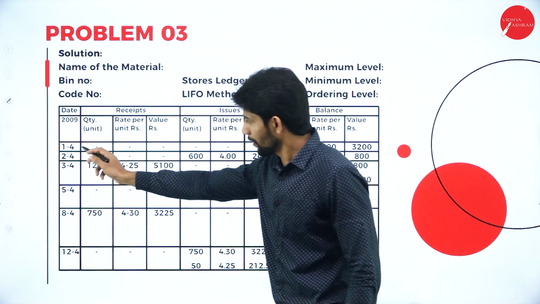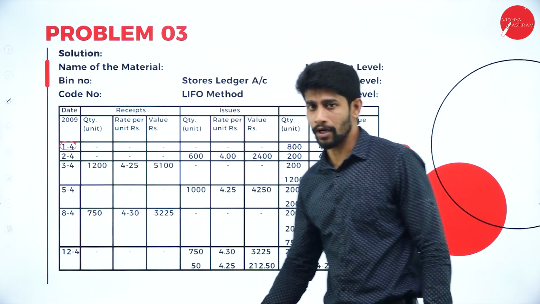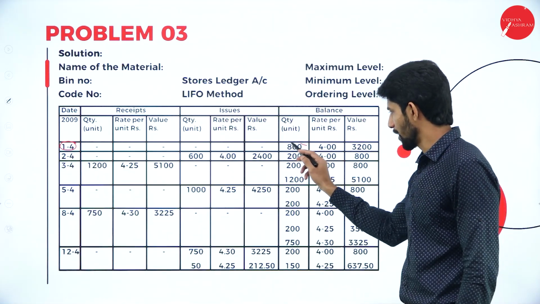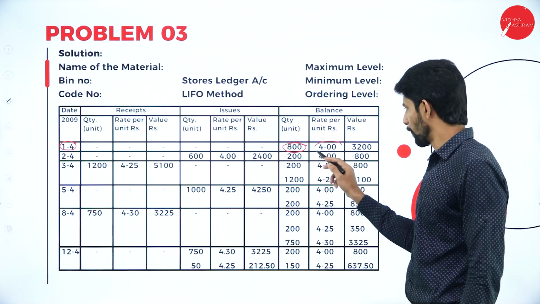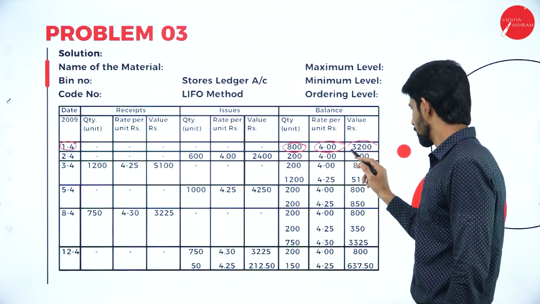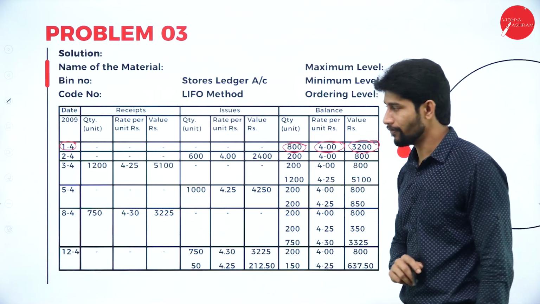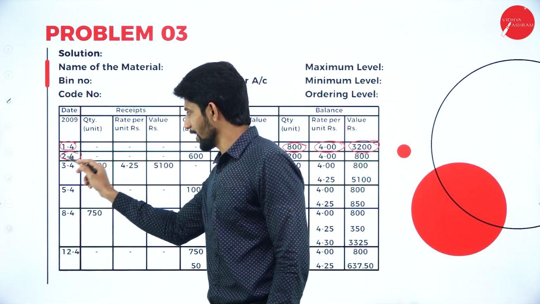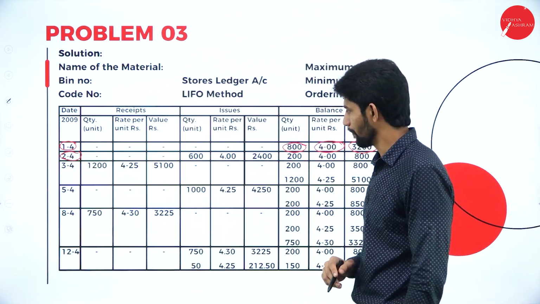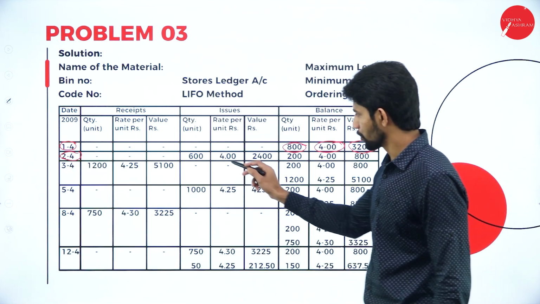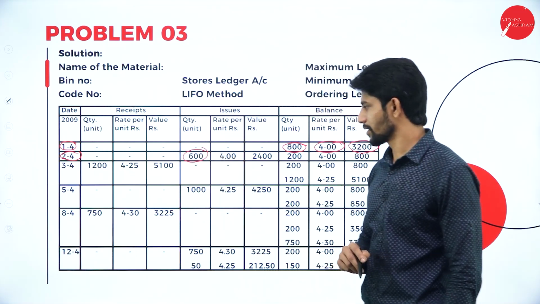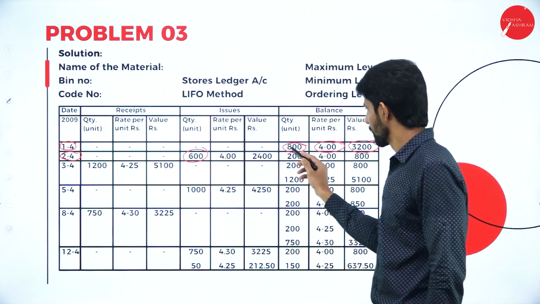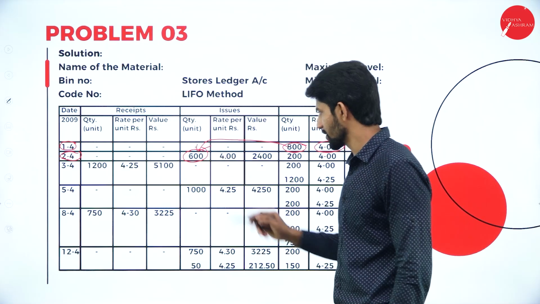So on 1st April, what is the opening balance we have? 800, 4 per unit and 3,200 will be the value. On 2nd April, what they did? They issued 600 units. So from this 800 you are issuing 600 units.